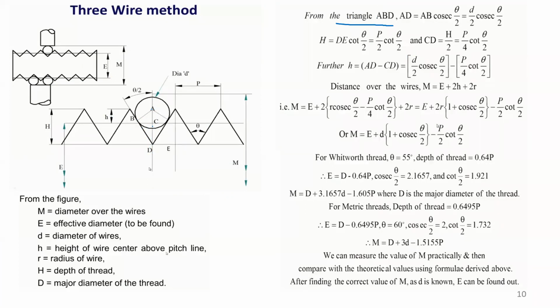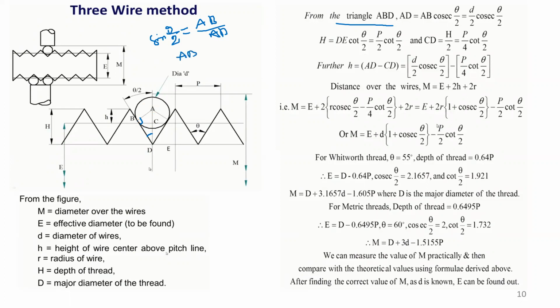So what is AD? This is 90 degree, and this angle is theta by 2. And what is the sine theta by 2? Sine theta by 2 is equal to AB, the opposite side, divided by AD, the hypotenuse.